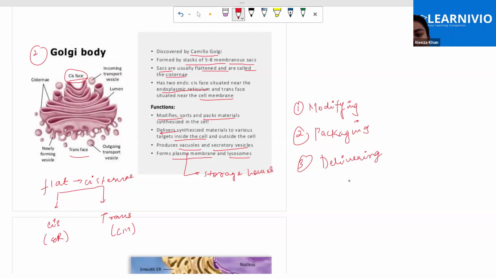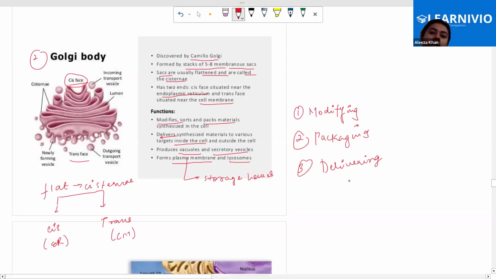Please write all these points, the description about their structure and the functions. Yes, ma'am. Any doubt, Anas, Ishal? No, ma'am.